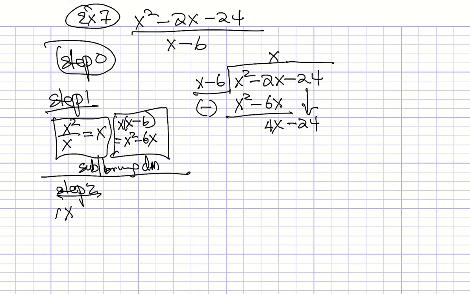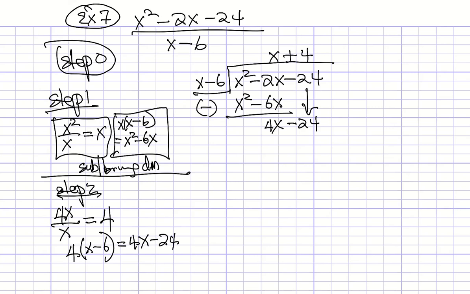It's 4x divided by x. What do you get? You get 4. Okay, so positive 4, you put it here. And then you say 4 times x minus 6. What is that? It's 4x minus 24, okay?